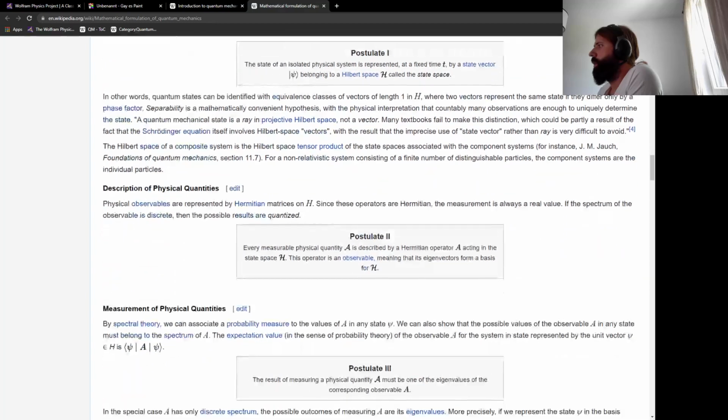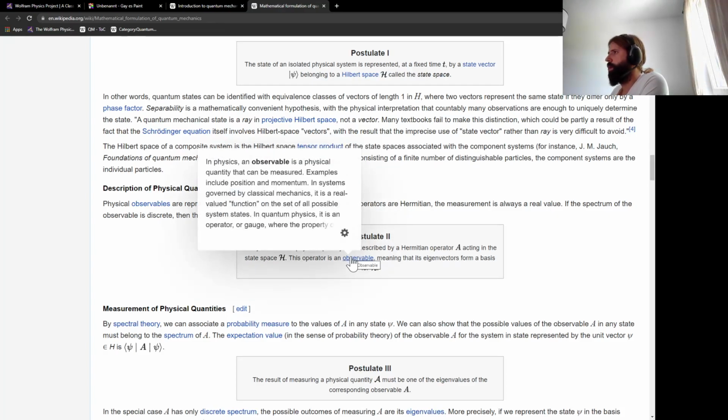State vector. Postulate 2, every measurable physical quantity A is described by a Hermitian operator A acting on the state space. This operator is an observable, meaning that its eigenvectors form a basis for the Hilbert space. It's an observable that can be measured, okay. Position, momentum.